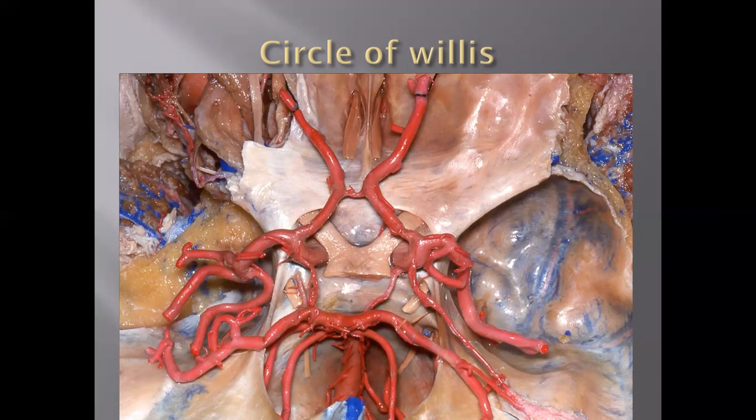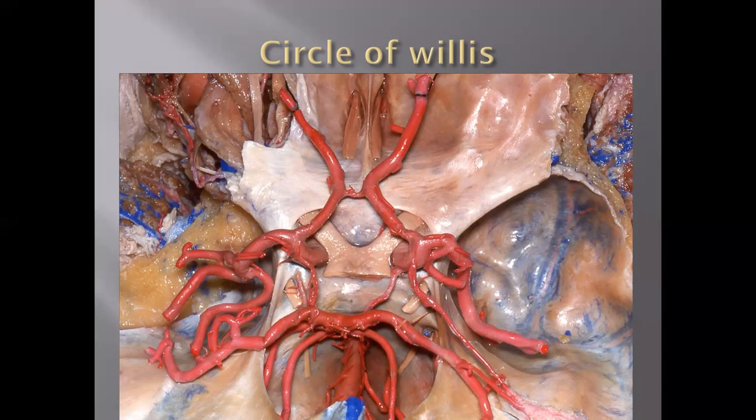So the branches that are going to be making up the circle of Willis include anterior cerebral artery, anterior communicating artery, internal carotid artery, posterior cerebral artery, posterior communicating artery, and the basilar artery itself.